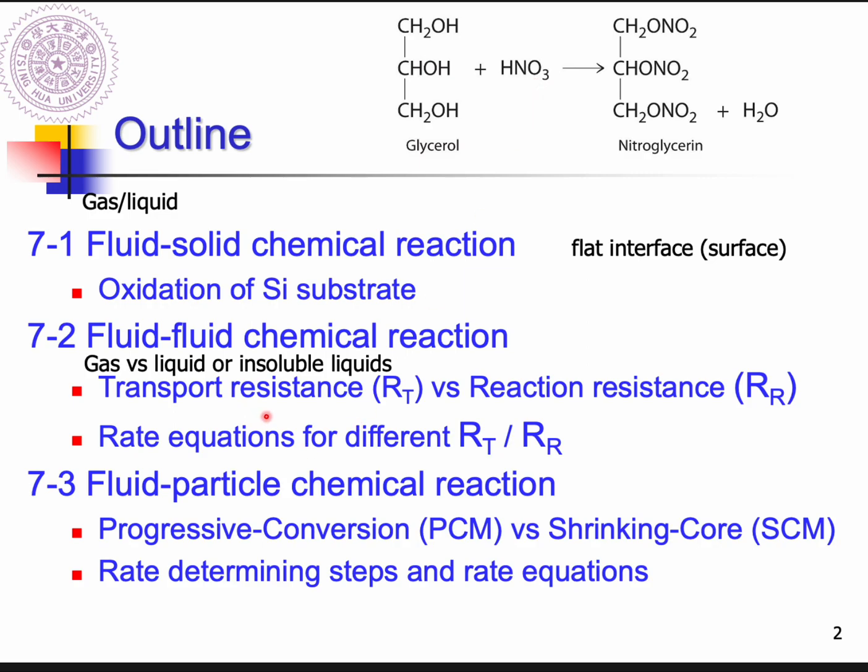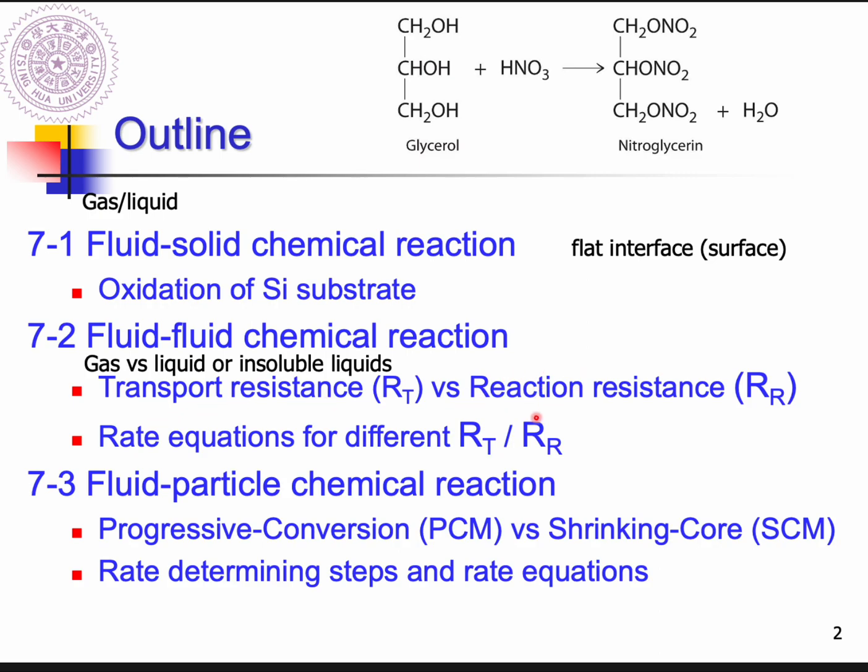In this part, no matter whether it's the first one or the second one, we want to highlight one important thing. In heterogeneous reactions, we don't only consider how much time the reaction takes. We also need to consider the transport between two different phases. So the total reaction rate includes the transport part and the reaction part.